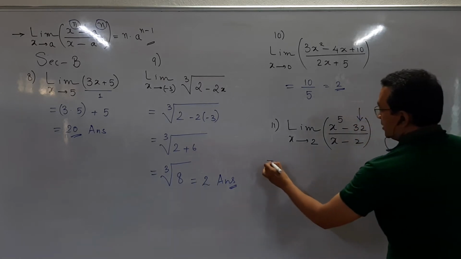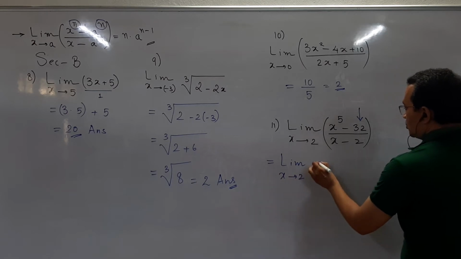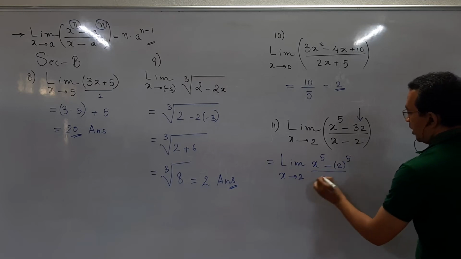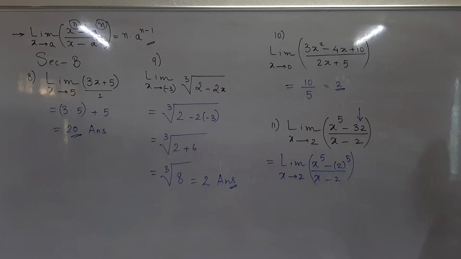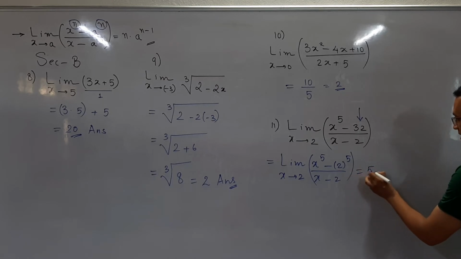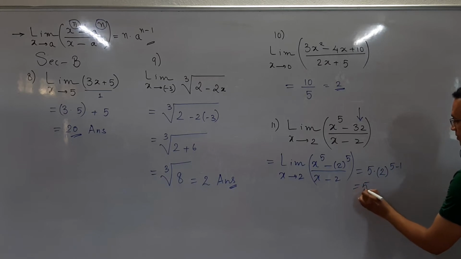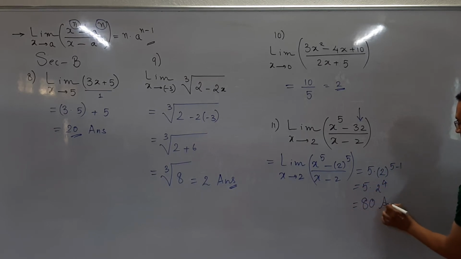So this is written as limit x tends to 2, x raised to 5 minus 2 raised to 5 upon x minus 2. Now check, this is in the form x raised to n minus a raised to n upon x minus a. So the answer is n into a raised to n minus 1. So 5 into 2 raised to 4, 16, 5s are 80. So the final answer is 80.